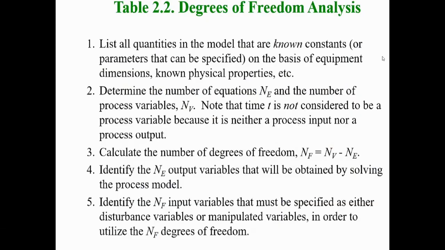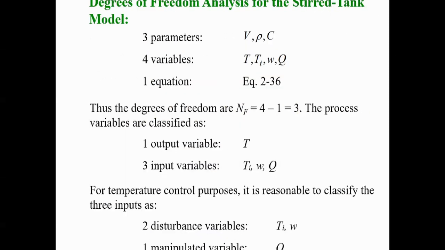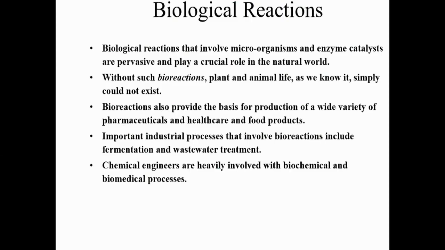And then you also learned about degree of freedom analysis. What it means, degree of freedom analysis: we have four variables, three parameters, and one equation. That means the degree of freedom is 3. And we skipped biological reactions, because it's more applicable for chemical engineering.